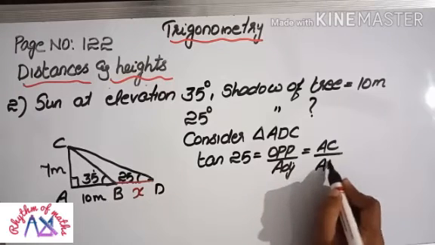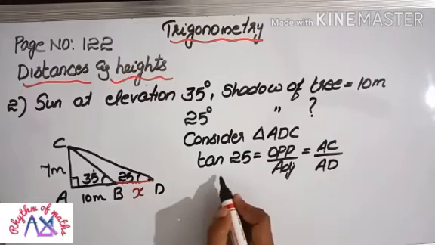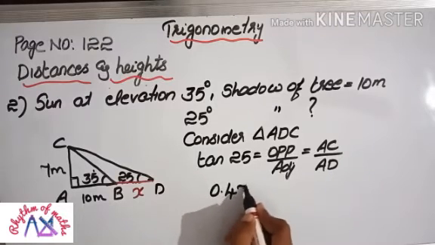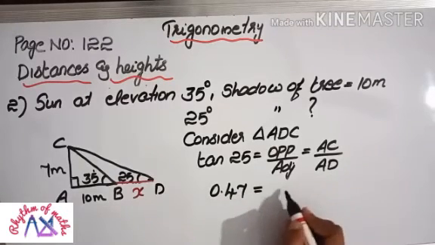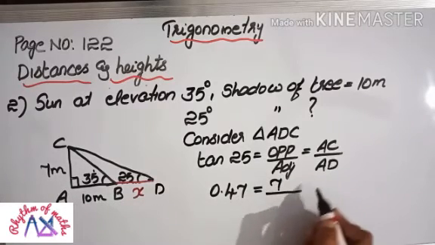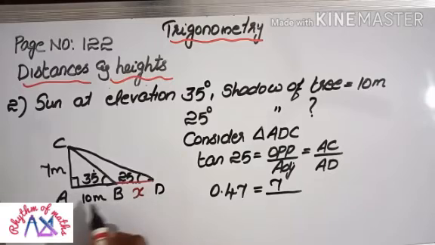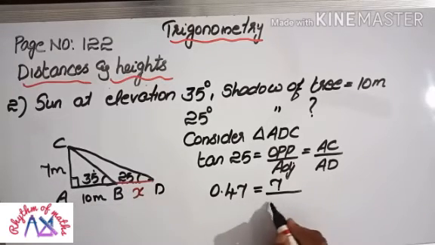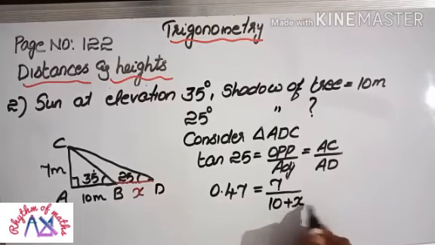So AD is the adjacent side. Now tan 25 value is 0.47. This is equal to AC, and AC we know is 7. So 7 by AD. AD we can write as 10 meter here, x meter here, so total is 10 plus x.